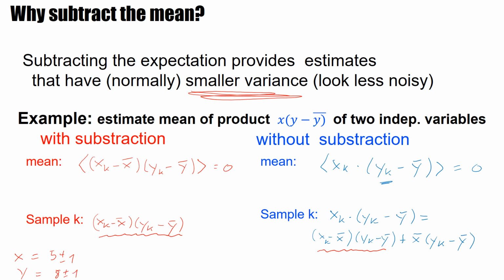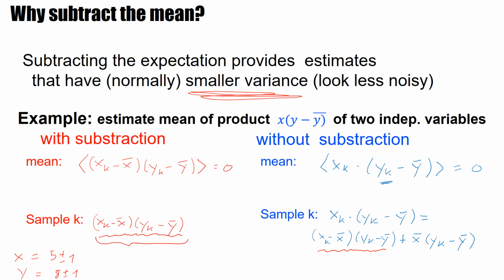So two independent variables, one has a mean 5 and standard deviation 1, the other one has a mean 8, standard deviation 1. Then if we evaluate this term here, we have basically a multiplication of two terms that are both of order 1. Yeah?